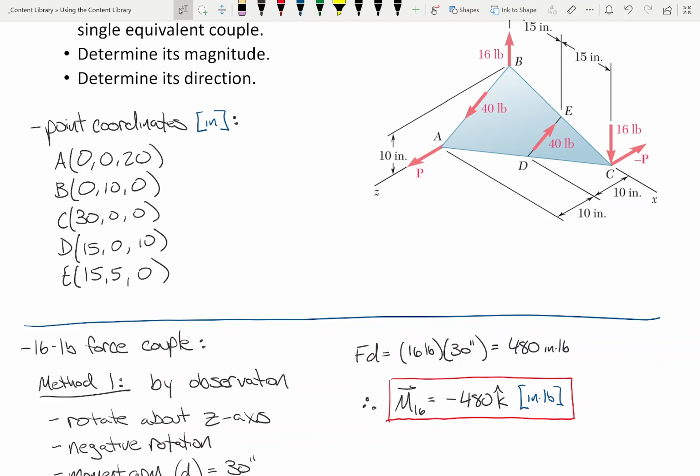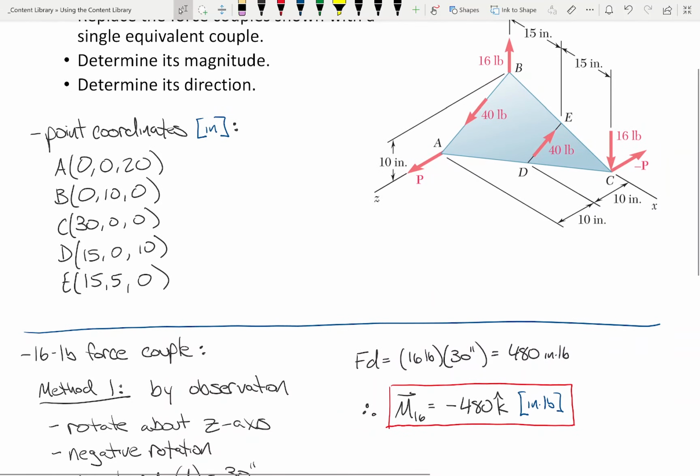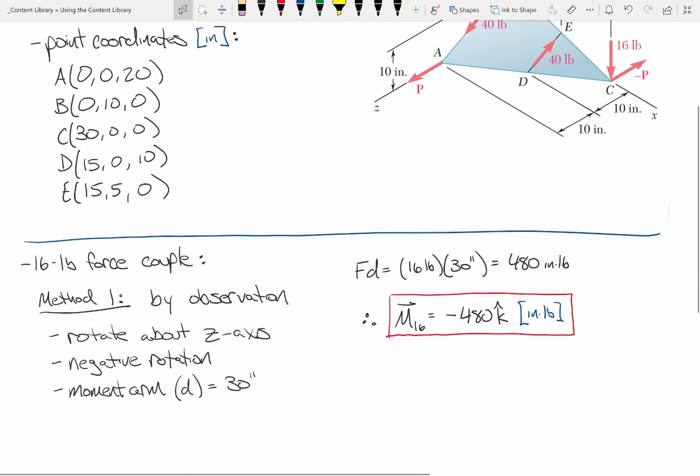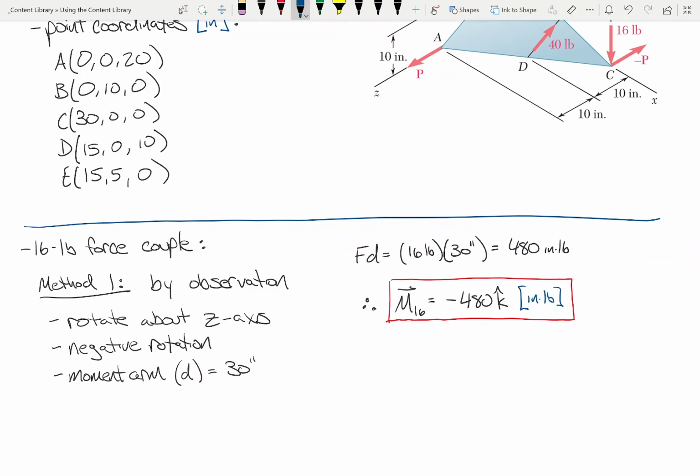Can you explain the negative and positive rotation again? Okay, so let's look at it like this. Let's look at it in 2D.